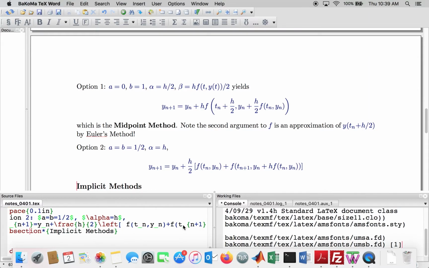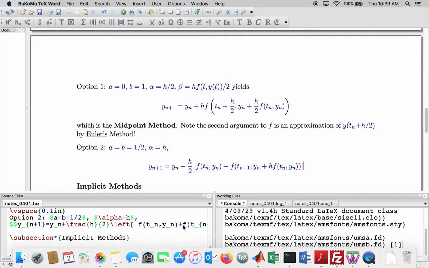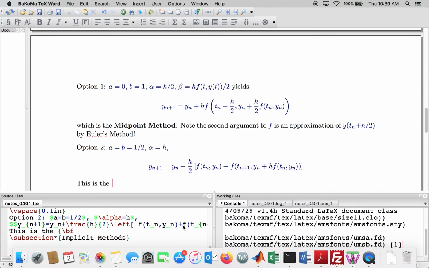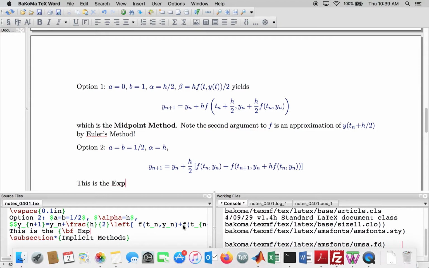And so this is the explicit trapezoidal method.